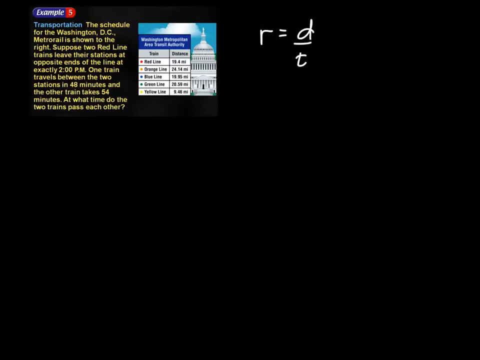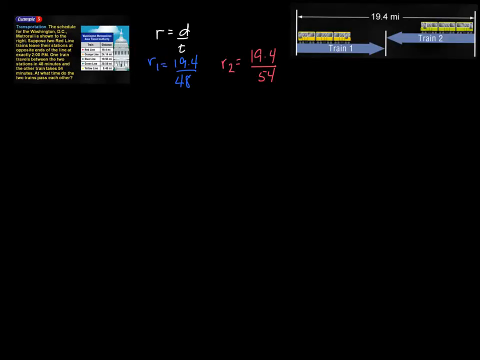We go down the road in miles per hour in this country, so it's not a big stretch to know that rate is distance divided by time. So for the first train, it takes 48 minutes to cover the 19.4 miles. The second train's a bit slower. It takes 54 minutes to cover the same distance. Now, the two trains are running on different tracks. They're not going to crash, but they will meet somewhere in the middle.